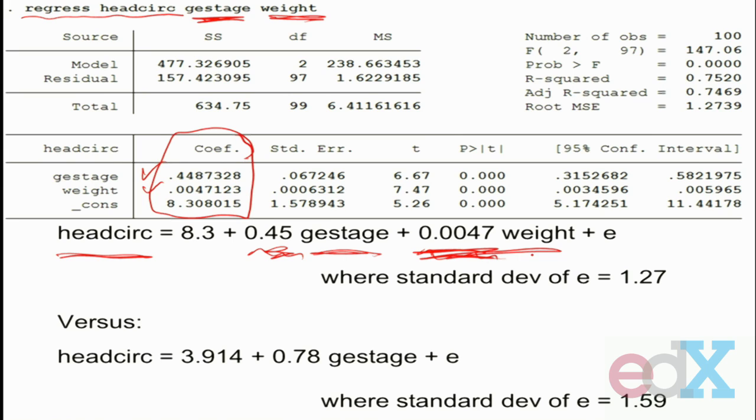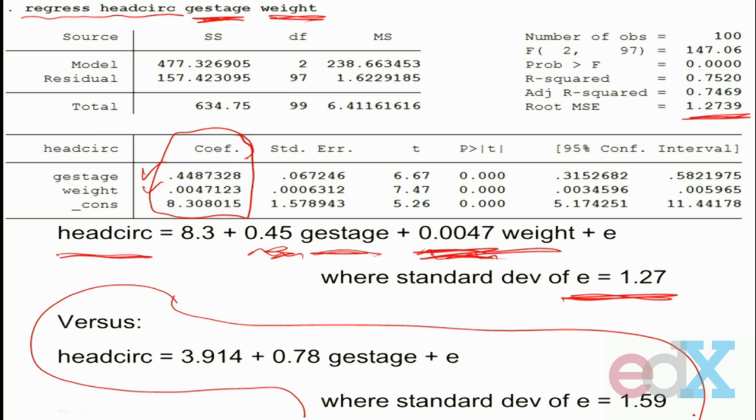And now, so there are the coefficients. There's the line. Once again, there's the standard error of the residuals. We can compare that standard error to when we just did the one variable. When we just looked at gestational age, that standard error was 1.59. So we've reduced it. So these kiddies now are much more homogeneous as far as head circumference is concerned when we also bring into the argument their weight.